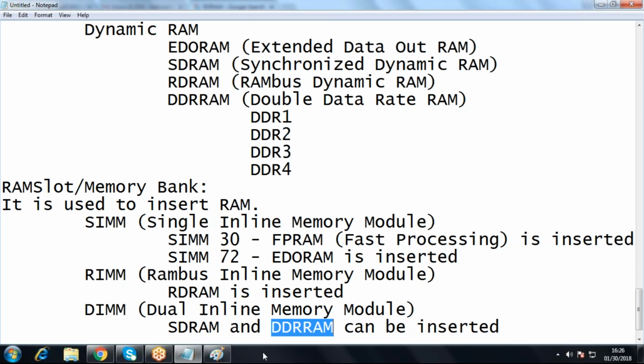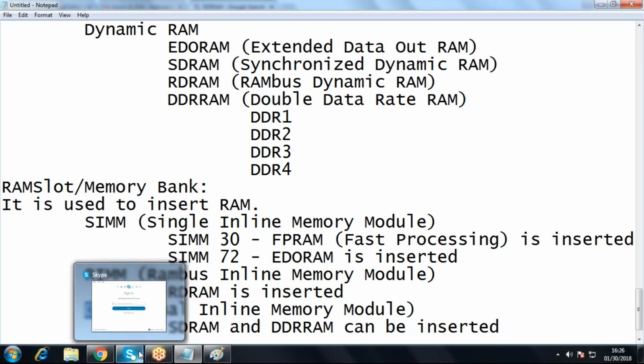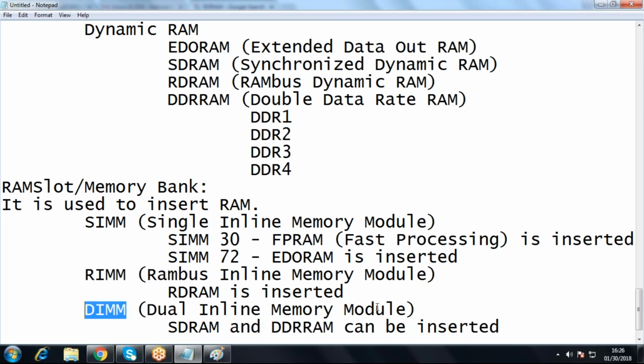Okay, continue. I understand. So here, how do I know what type of RAM I can insert in this particular DIM slot? SD RAM or DDR? Again in DDR, 1 or 2 or 3 or 4. How do I know?